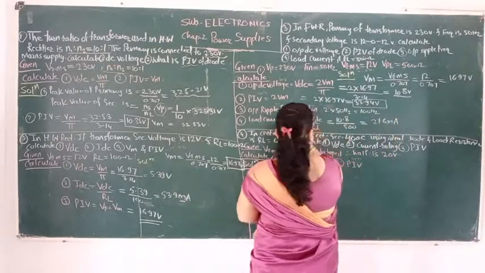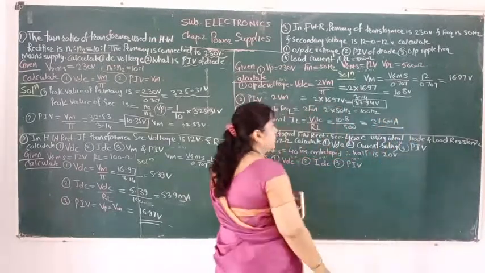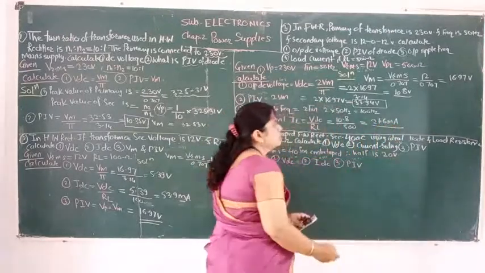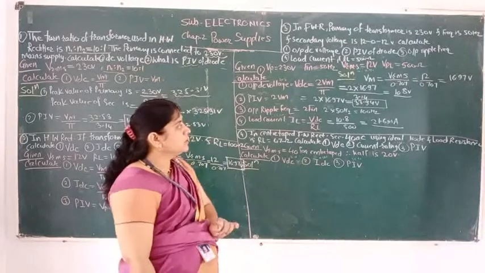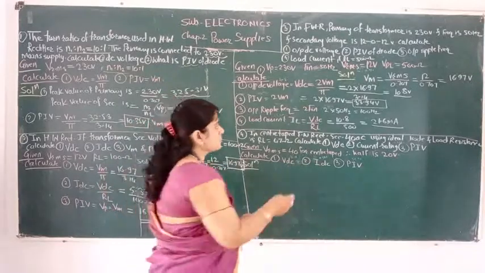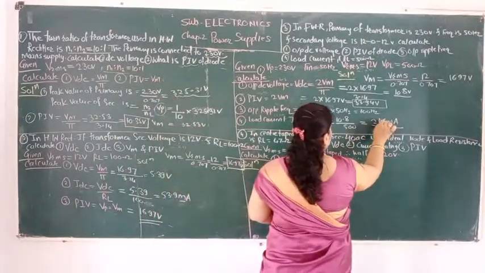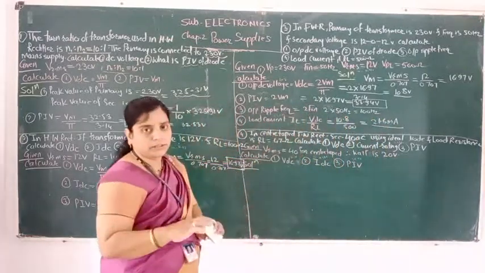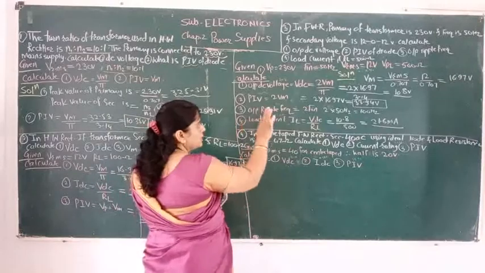Since it is current, it is in the form of milliampere. You solve it yourself and tally your answers with these answers. Try to solve all the examples.